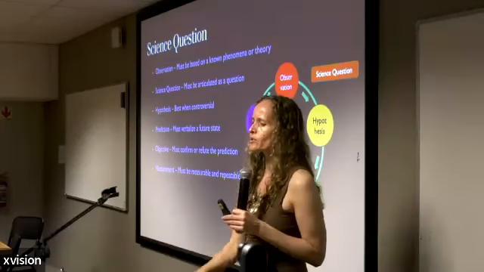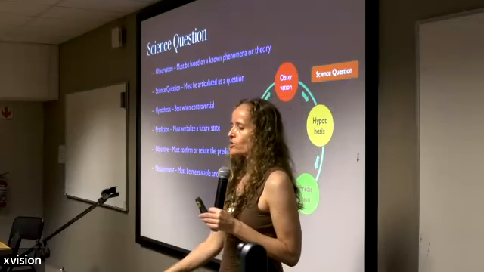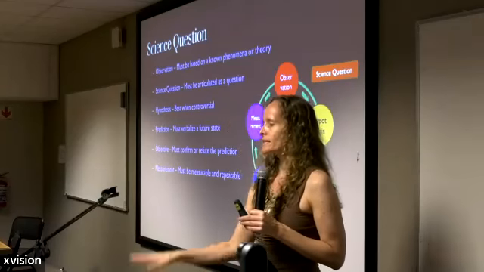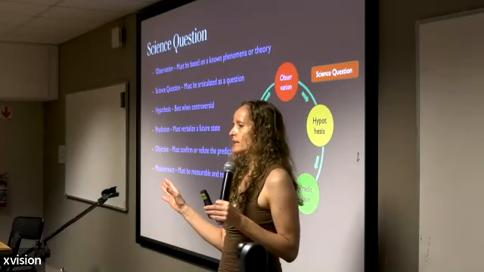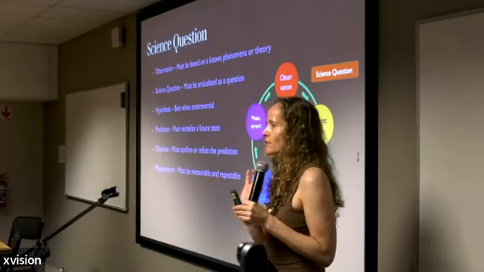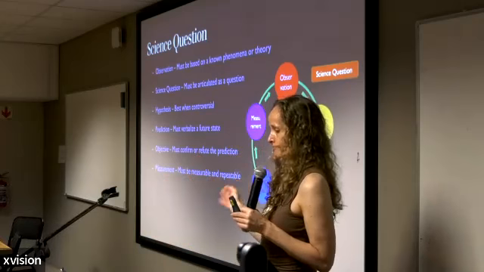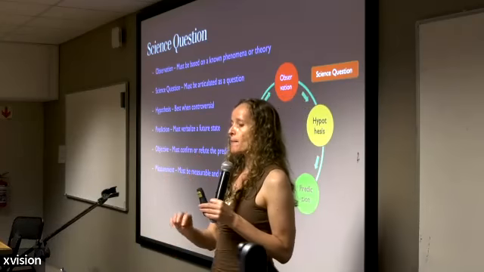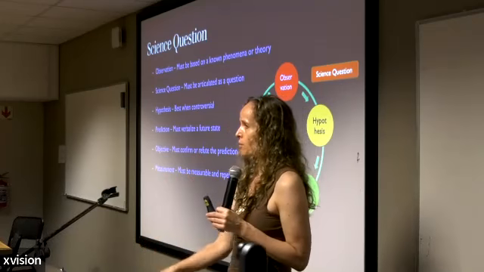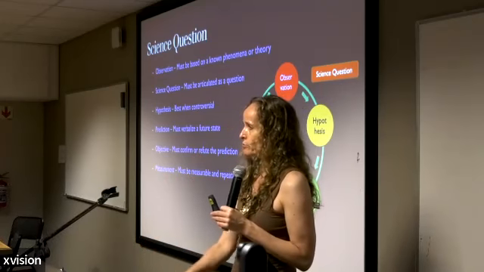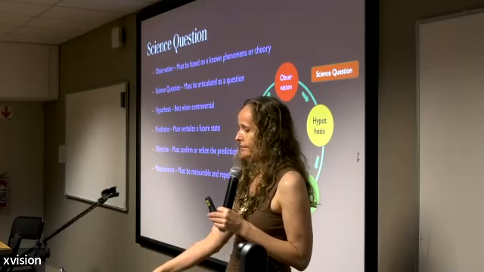Then you have to do what's called a hypothesis. Let's say there's another X-ray binary type: do all low mass X-ray binaries have type 1 bursts, for example? That's a hypothesis. And then you have to do a prediction: what can you measure to tell whether it's there or not?